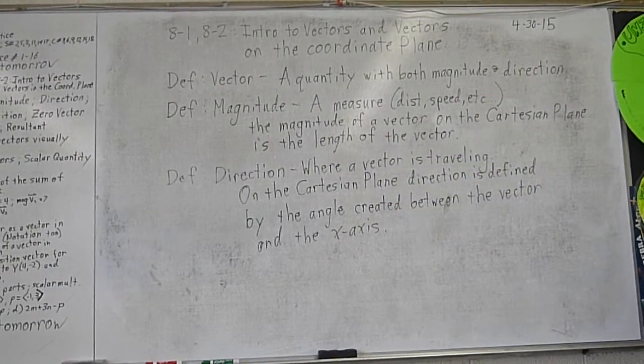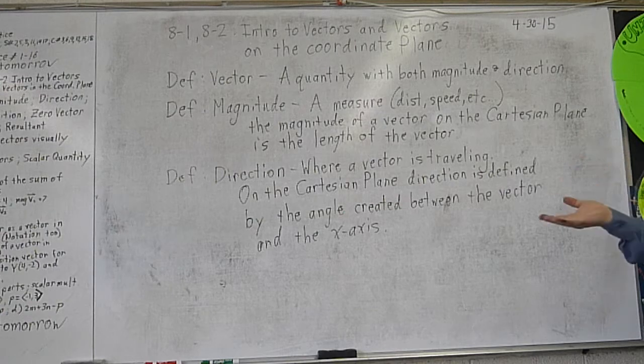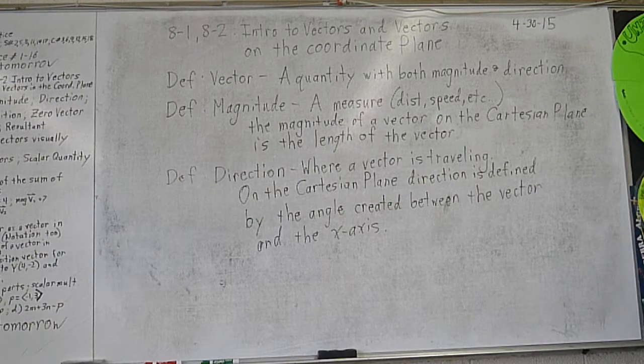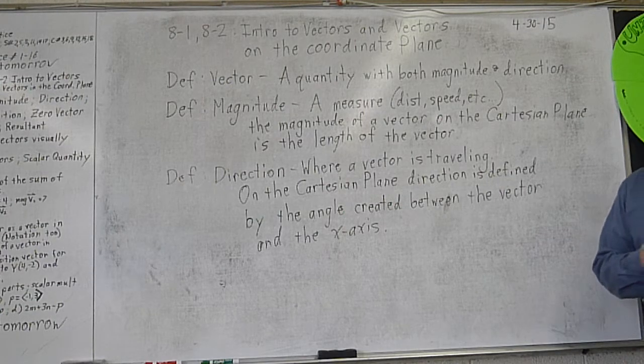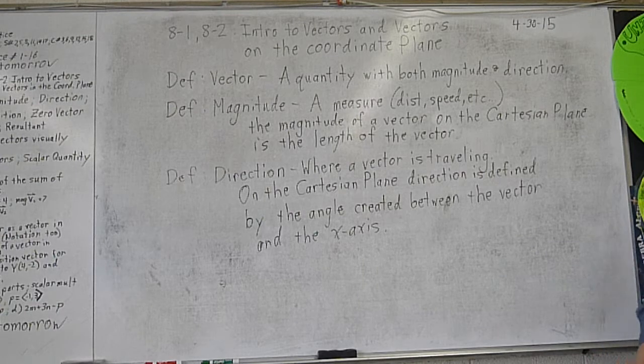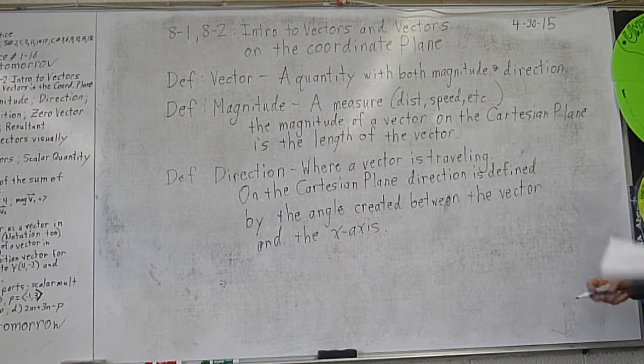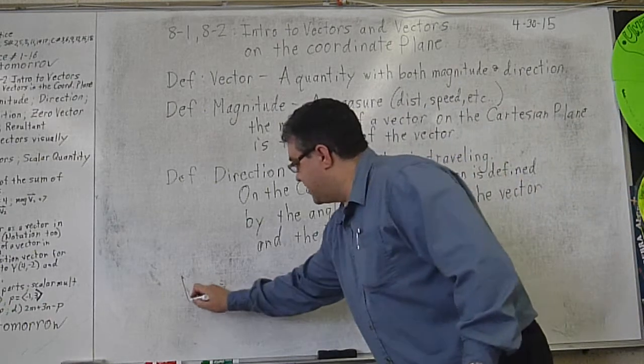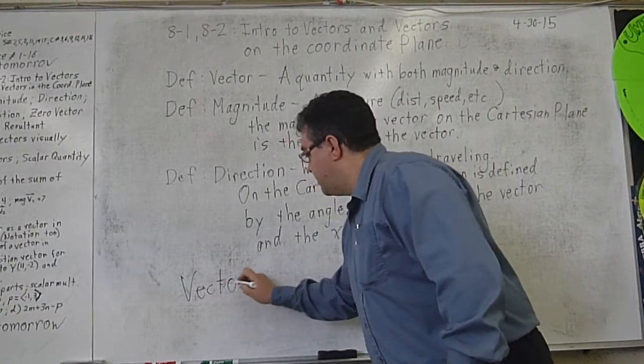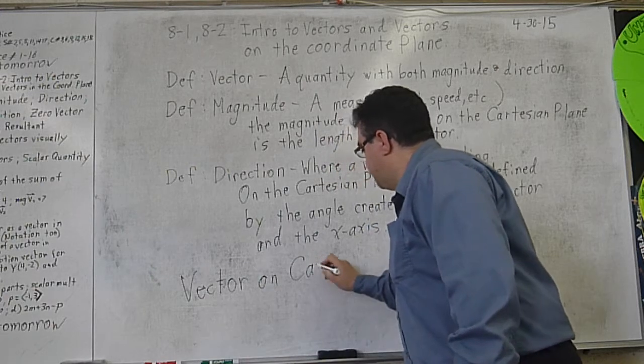Not that you have to necessarily start at the x-axis, but that at least you have to be parallel to it. So vectors are, we're going to draw a vector here, just in a moment. So here's what a vector looks like on the Cartesian plane.